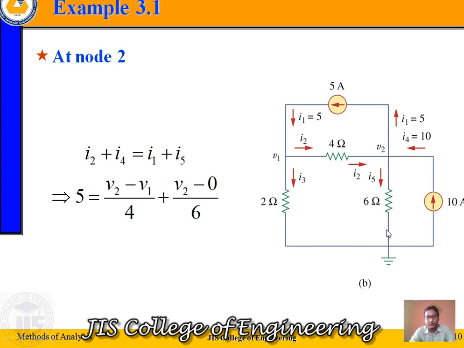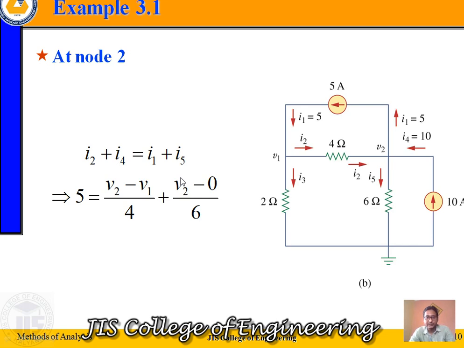I5 is V2 minus 0 by 6, and I2 is V1 minus V2 by 4. Here it's written V2 minus V1 by 4, because we have moved terms from the left side to the right side.